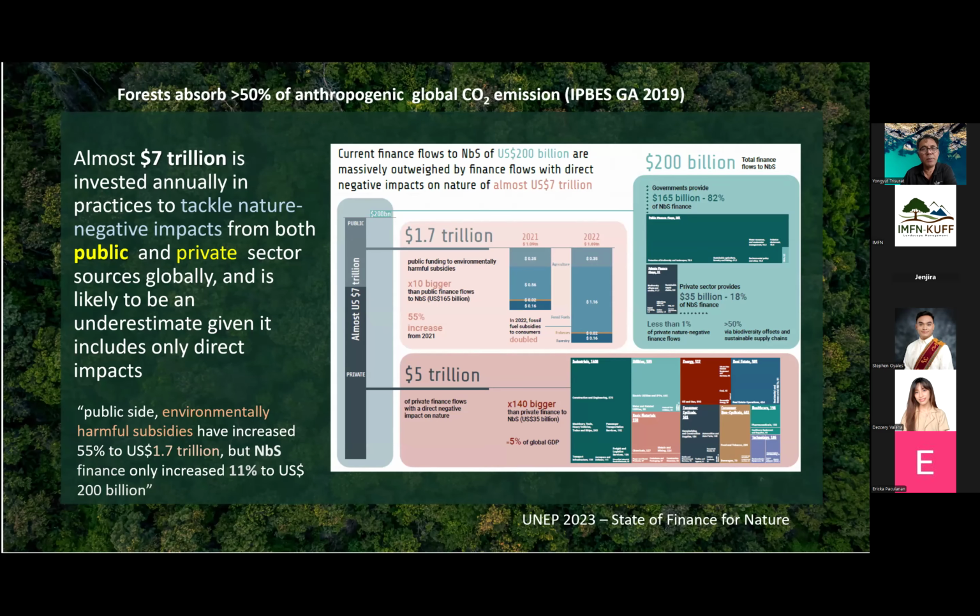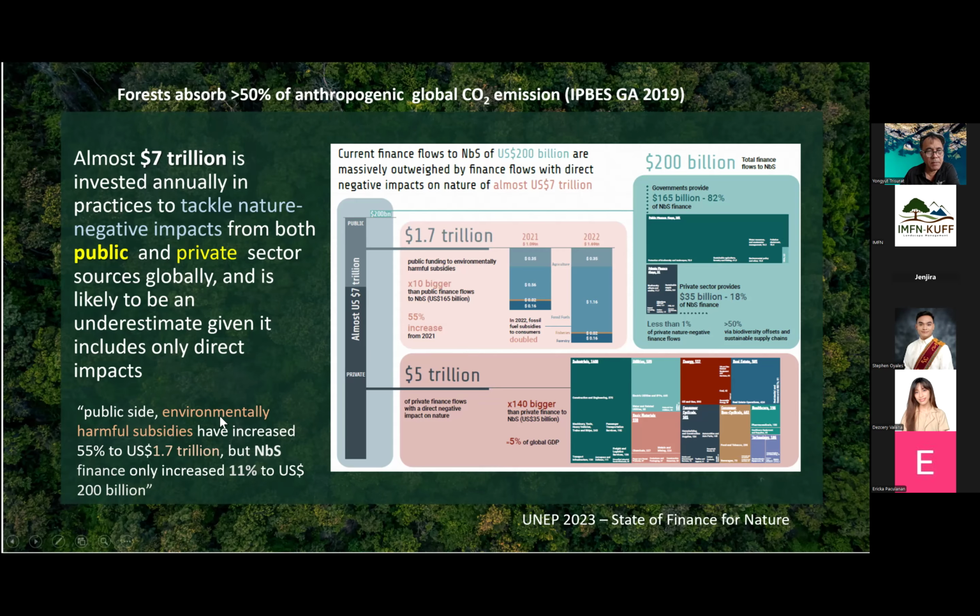And there are other reports that have been done by UNEP. Each year, governments from various countries spend about 3 trillion US dollars to tackle the negative impacts of nature degradation or disasters, such as flooding, droughts, climate change, or others.